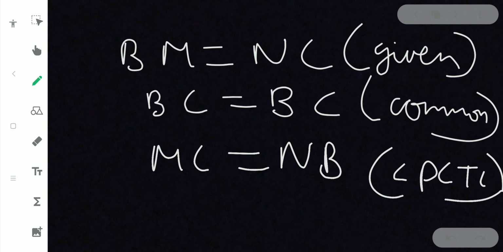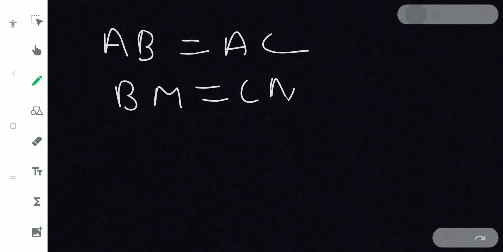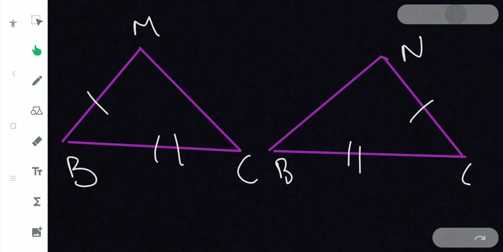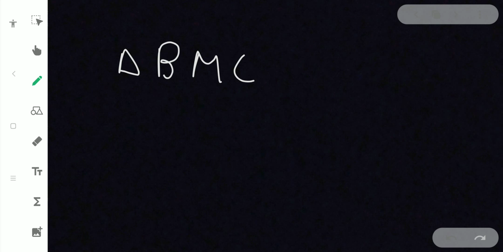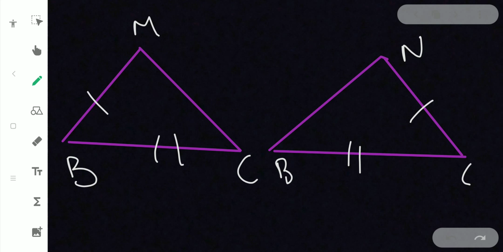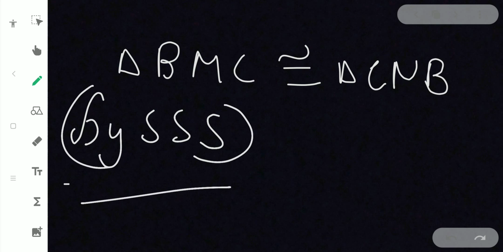So now I have proved this triangle's congruency. Triangle BMC is congruent to triangle CNB, that we are having by SSS, side side side. So that's all we proved.